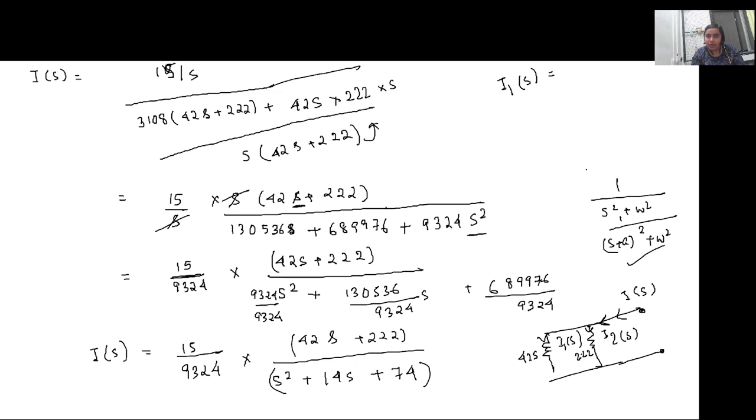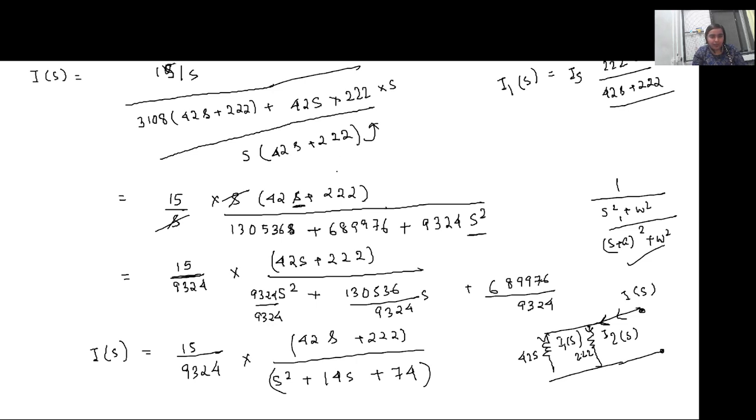So I1 of s is I of s multiplied by 222, divided by 42s plus 222. This is the total impedance, and this is for the reverse current ratio to the resistive branch. This will be I1 of s.